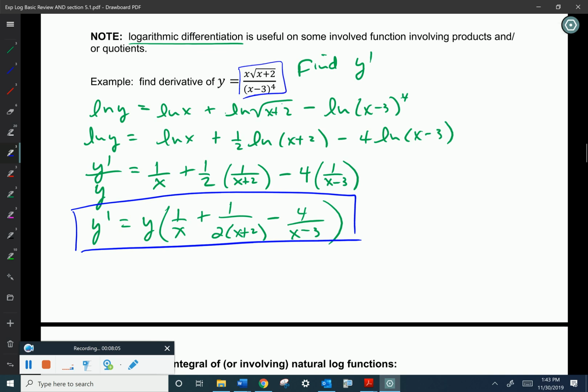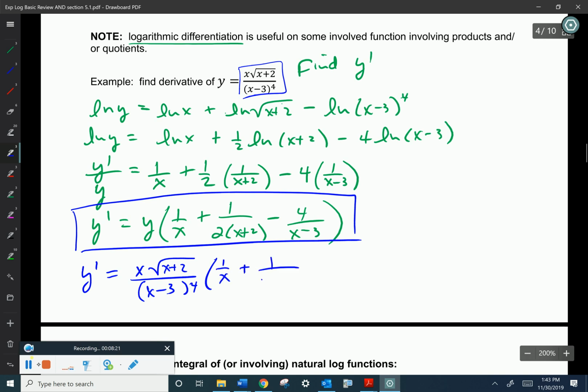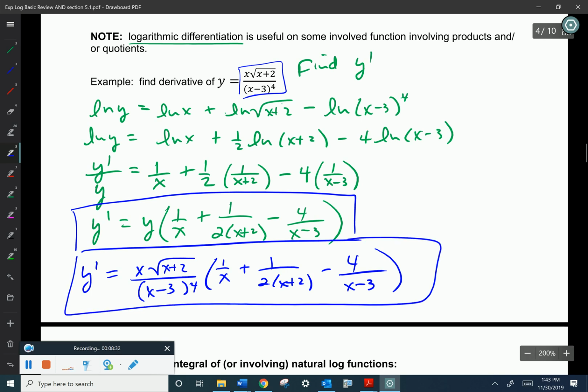So again, I'm just saying if it's a multiple choice question, it's very likely that they won't have the y there, but instead they'll have x times the square root of x plus 2 all over x minus 3 to the fourth, and then times all the rest of this, right? 1 over x plus 1 over 2 times x plus 2. Again, I know it's big and ugly, but it doesn't matter. I've solved for y prime. So it might be written either of those ways.